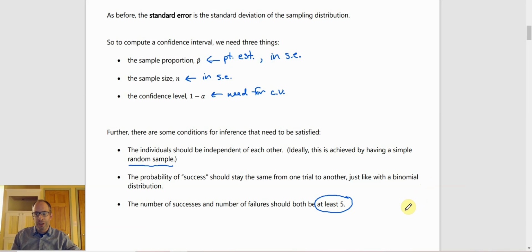Because if you've got a sample of size 1500, but your sample proportion of successes is like 0.998, that's really close to 1, you better check and make sure you got at least 5 failures, right? I don't really think that's going to crop up, but that's where it might fail in the situation where it's not a tiny sample. So usually if you got to check this last thing, it's just if you got a tiny sample.